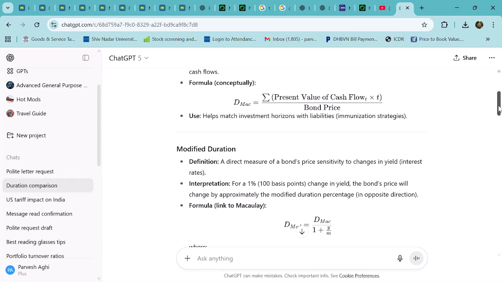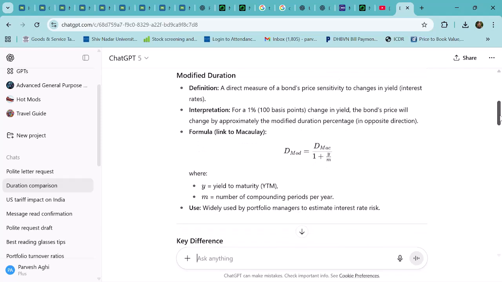Okay, if you know that, and if you think the interest rates are going to fall, then you are going to choose which bond you should buy: a long duration, short duration, medium duration. Normally a bond which is having a long duration will have a higher modified duration, and chances of making money will be much better. Okay, the formula is nothing but the Macaulay duration itself divided by 1 plus y.